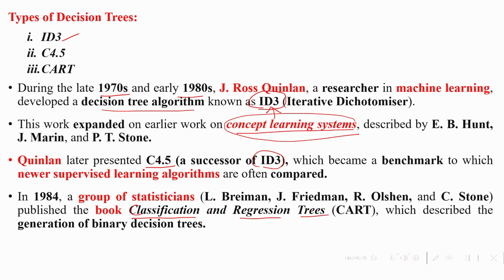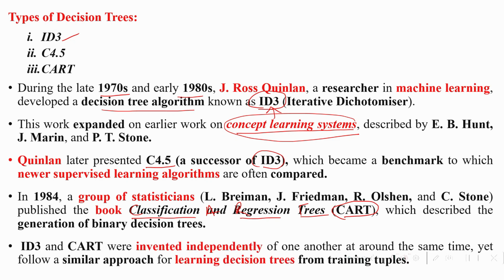Based on this, we call it the CART algorithm, which describes the generation of binary decision trees. ID3 and CART were invented independently of one another at about the same time.